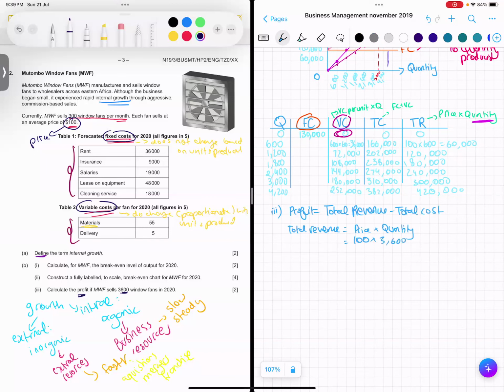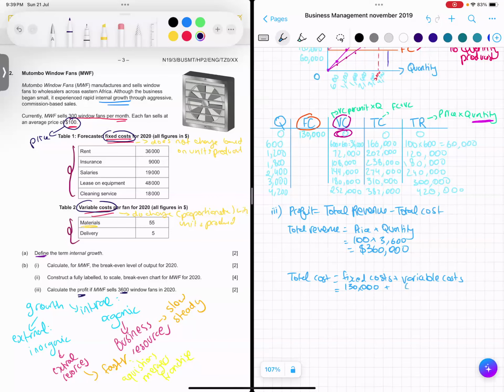So here we have 360,000. Yes, so we have $360,000. Now our total cost is fixed costs plus variable cost. I already explained what these are. Our fixed cost, they calculated, is 130,000, plus the variable cost. In this case, we have to change them.